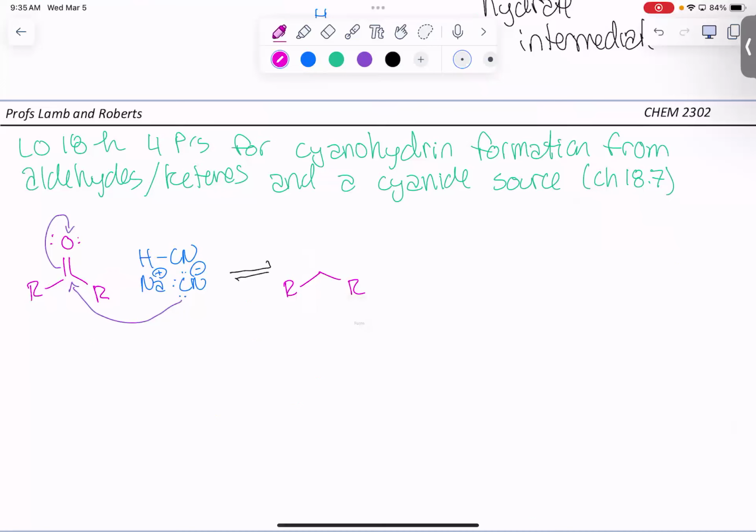This is exactly the intermediate that we saw under basic conditions with our hydrate formation. So now we have a new carbon-carbon bond with our cyanide group. We have our sodium counterion. We still have our HCN in the reaction. Basically we just need a catalytic amount of our cyanide minus, because our oxygen is going to deprotonate that HCN and regenerate our sodium cyanide.